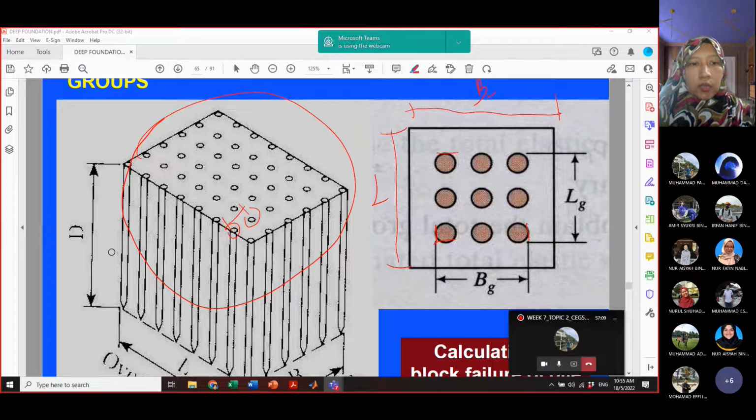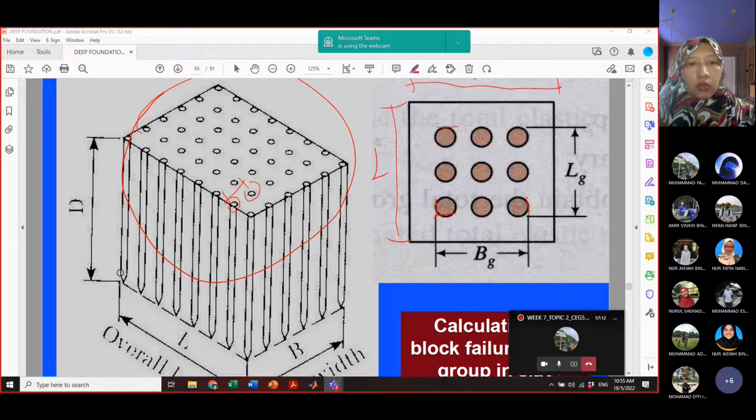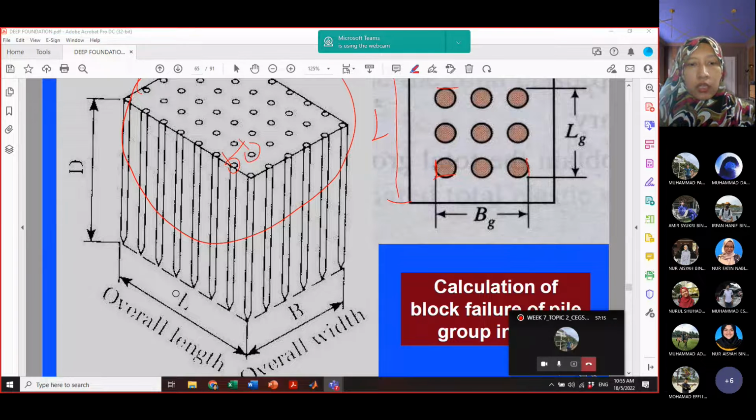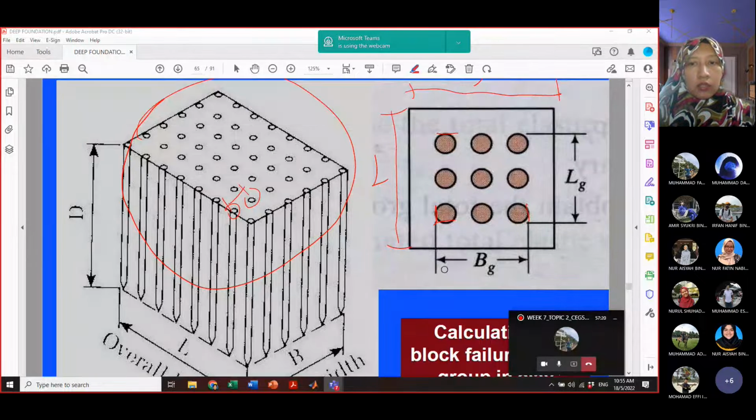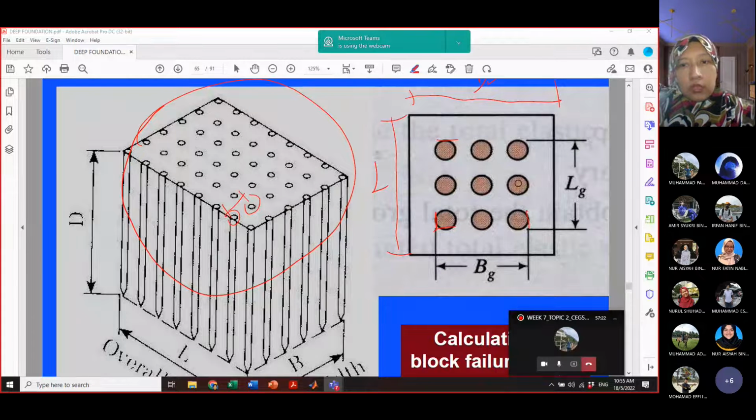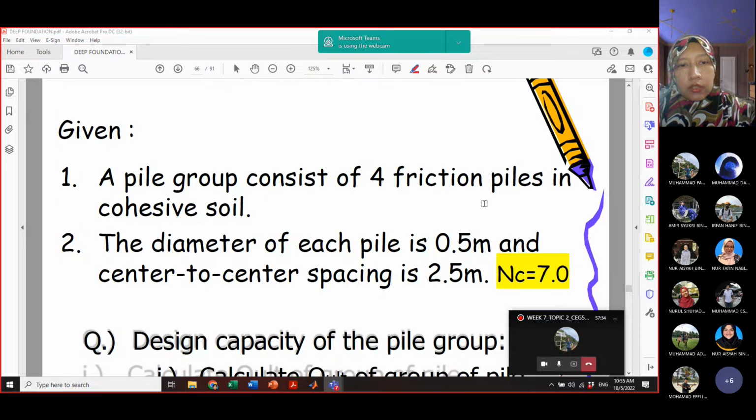Kemudian D is the embedment depth of the pile. And then this is the overall length ataupun overall width. And then the LG is counted from the spacing of the pile campur dengan the size of the pile diameter. So nampak BG ni dia akan extend sikit lah daripada the side of the diameter.